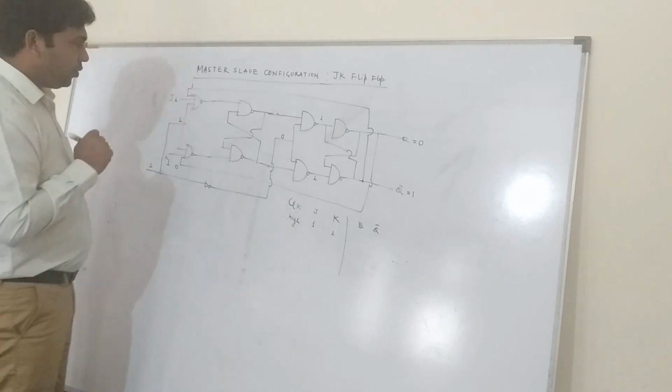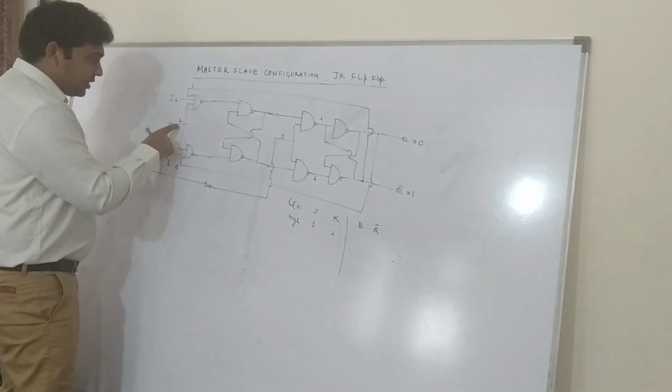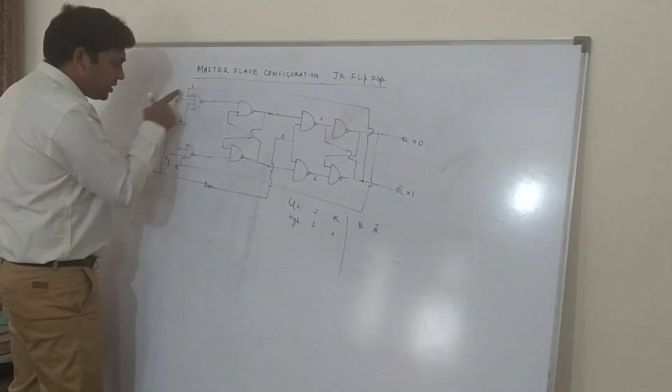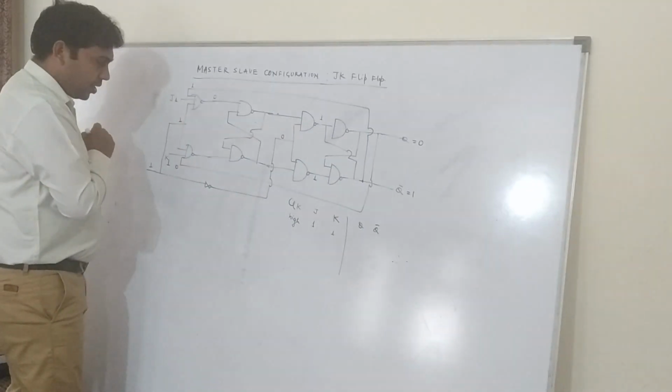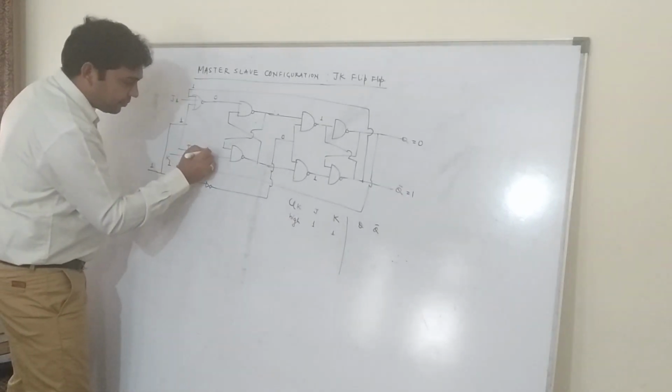Now let's analyze it. When this is 1, now this is 0, this is 1, so 1 is coming here. So these three 1s will make this a 0. And this 0 will make it 1 here.